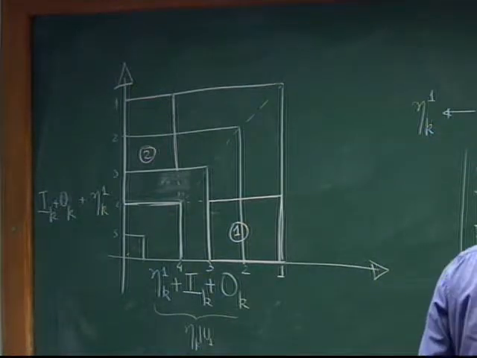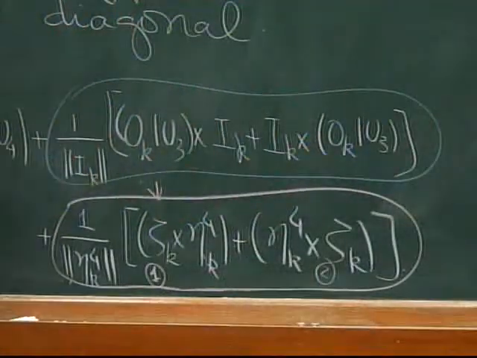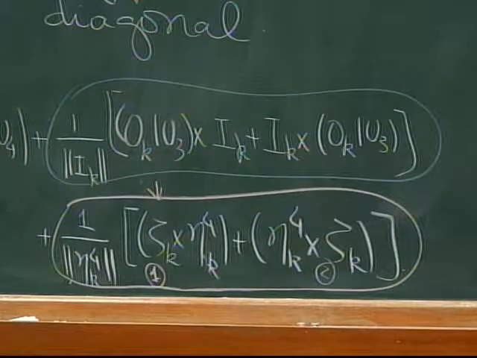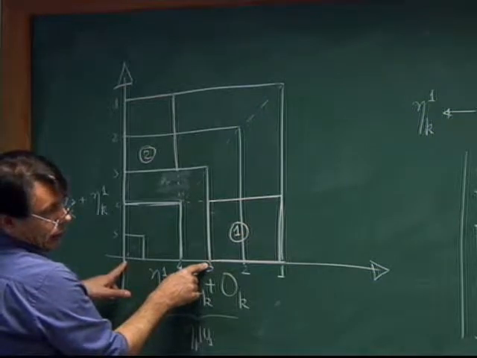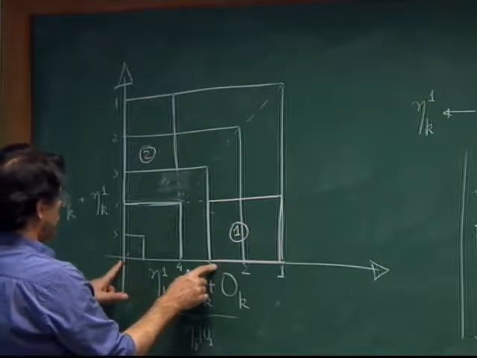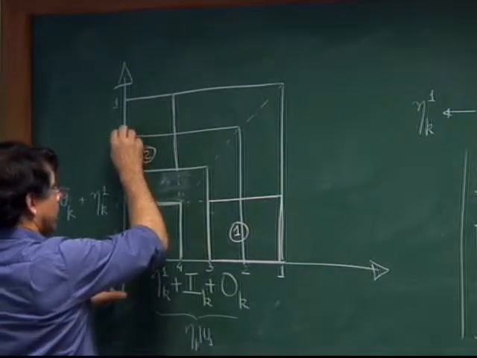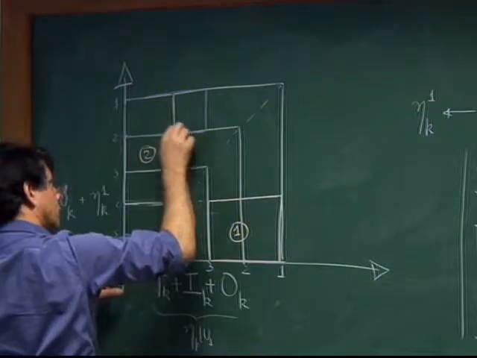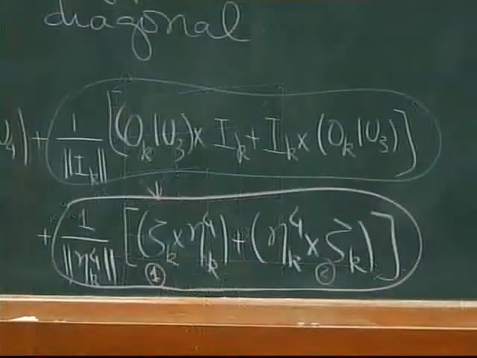Let's change color. This term here. OK lives in U3. So now I have to look at U3. IK is outside U2. So I have U3 multiplied by the complement of U2. That gives me this. That's where the third term here lives.